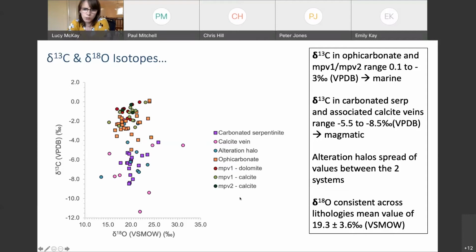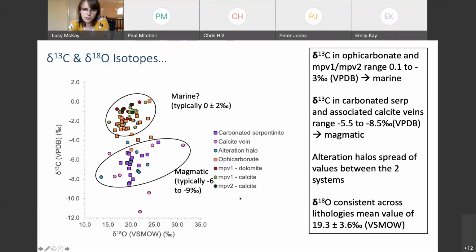So the ophicarbonate and its associated multi-phase carbonate veins, shown on the image previously, have a delta 13C signature of 0.1 to -3, indicative of a marine signature, whereas the carbonated serpentinite, that purple unit on the map, has a delta 13C of -5.5 to -8.5, indicative of a magmatic signature.